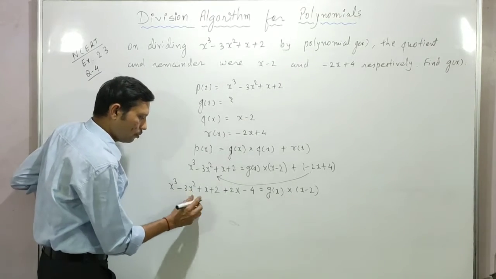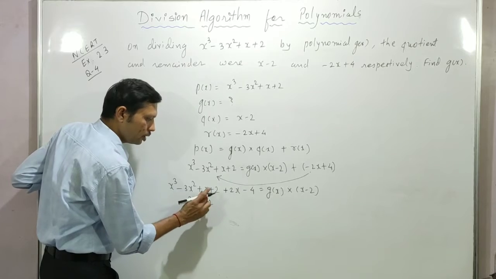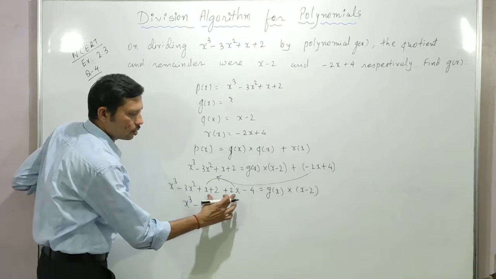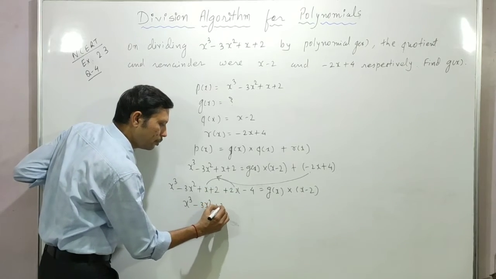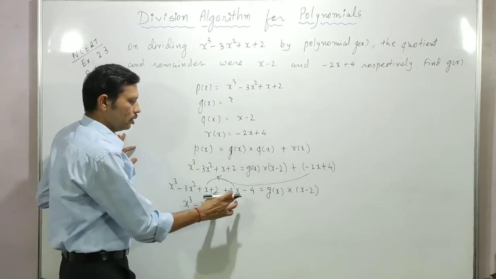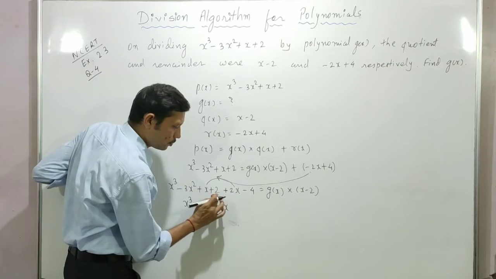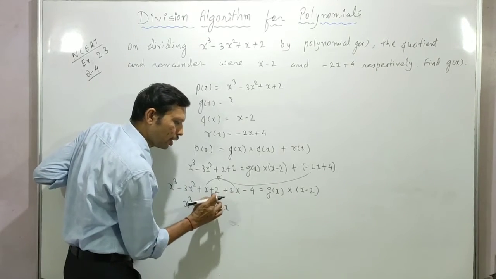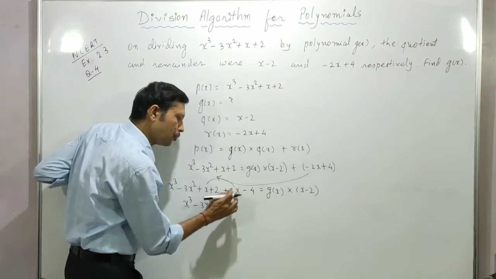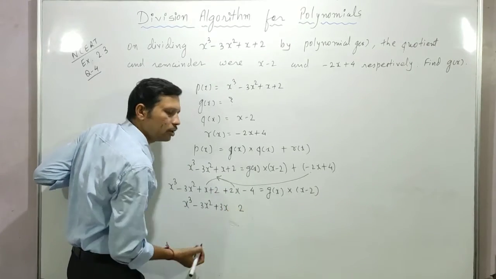And now make the simplification. X cube minus 3x square. Here these both the terms are like terms, having the same sign. So 2x plus 1x, it becomes 3x. And here they again both are like terms, plus 2 and minus 4. So subtraction takes place because one is negative, one is positive. So 4 में से अगर 2 subtract कर रहे तो क्या रहेगा? 2.